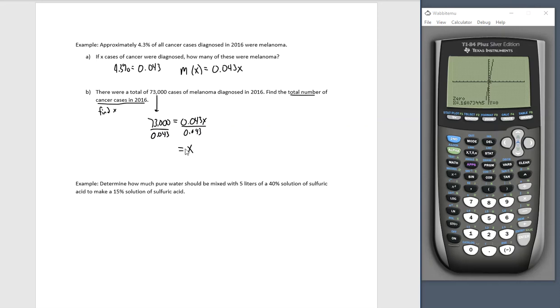And we will find that x equals, let's see, take my home screen here, 73,000 divided by 0.043. Wow, okay. It's too many cases of cancer. 1,697,674 cases. I'm going to round mathematically and say that 0.4 hasn't been diagnosed yet. That's a lot of cancer cases diagnosed in 2016.